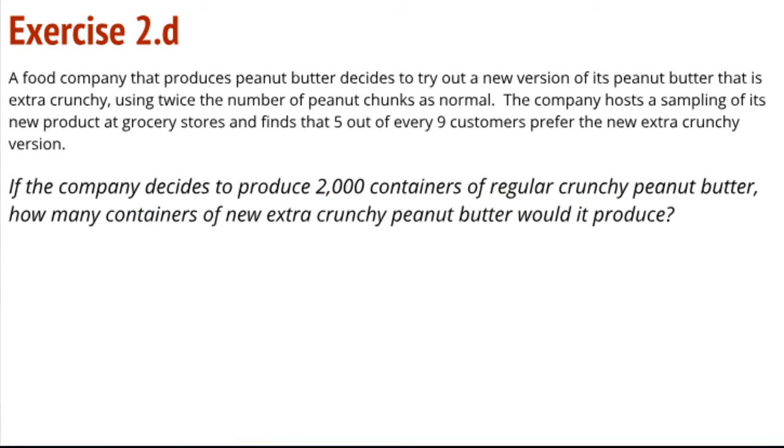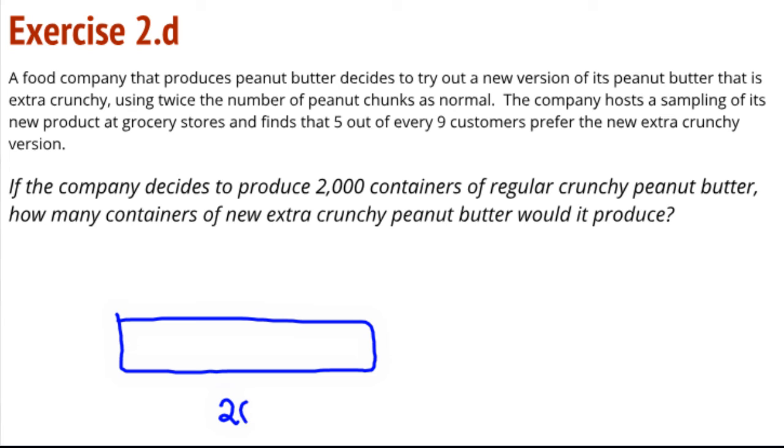Now you could use a tape diagram to do that. So we need 2,000 containers, and it says that our ratio is 5:4. So I can take the 2,000 divided by 4, 1, 2, 3, 4, and I would find out that each unit is worth 500.